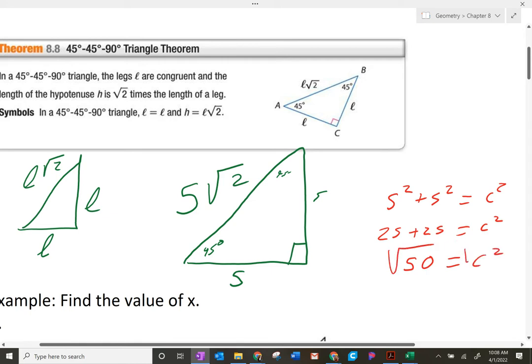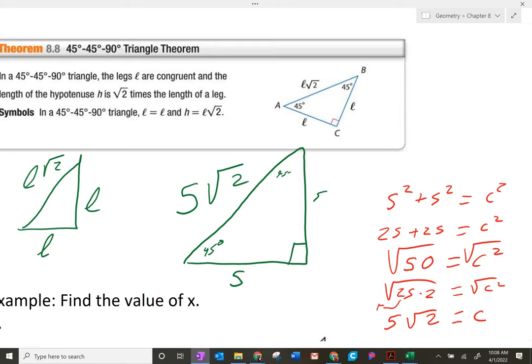If I'm going to square root both sides, well, I know I can break this one into 25 times 2. And this one equals still, again, radical c squared. This 5 gets to go on the outside, so I get 5 radical 2, and that equals that c. Again, I could do it with Pythagorean's theorem, but if I use this shortcut, I don't even have to think. I just get to write this number here and just put it right there.